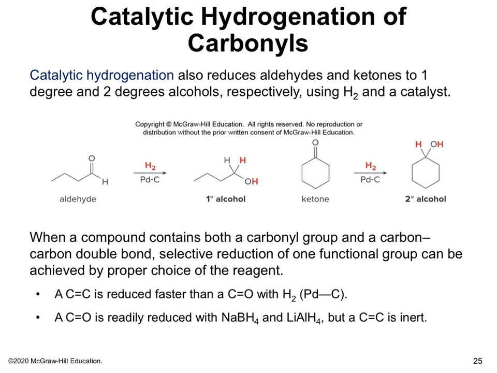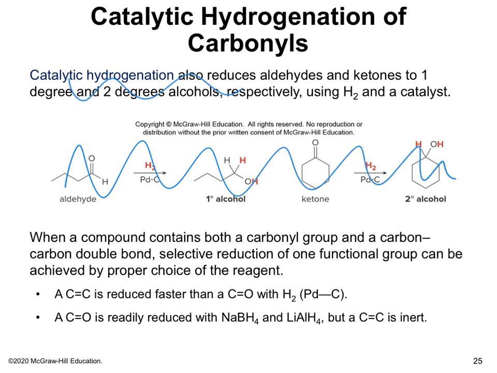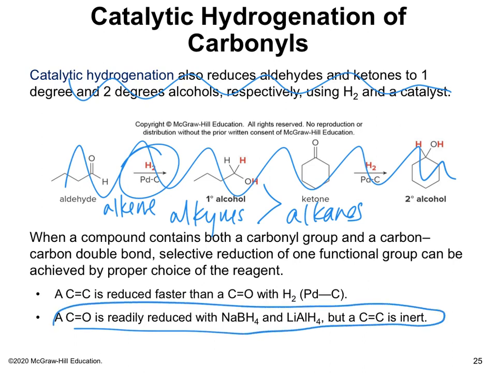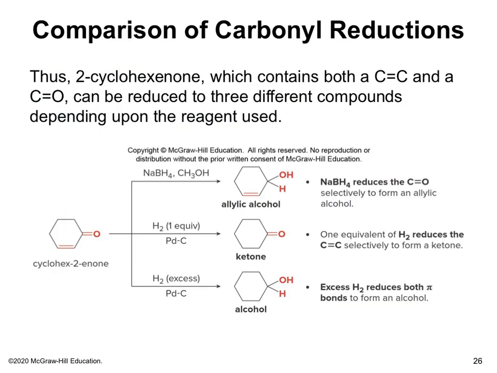Catalytic hydrogenation, I don't teach this with aldehydes and ketones. It's very hard to do, and you want to do this reaction and these reagents with alkenes and alkynes, and they're really great for making alkanes. And that's what they're saying: the carbonyl is reduced with sodium borohydride and lithium aluminum hydride, but the carbon-carbon double bond is inert. So this is an example.